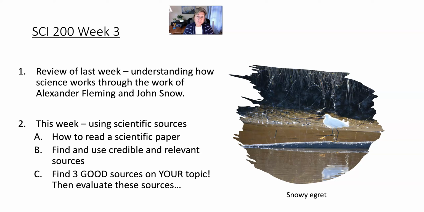So he determined, by using his maps and all of his cases that he found, that he trudged door to door to find, and mapped out all the different water sources, that the cholera outbreak was being transmitted through water sources.